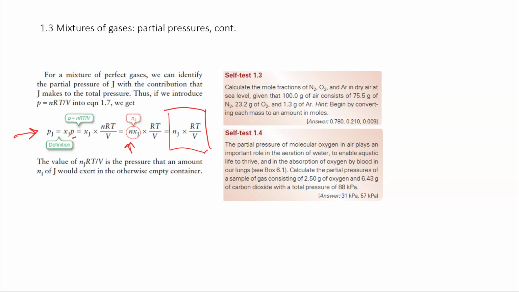And what we see is that the partial pressure of component J is equal to the number of moles of J, specifically, times RT over V. So this is a really slick way to combine PV equals nRT with molar quantities to get to partial pressures without having to actually calculate the mole fraction first.